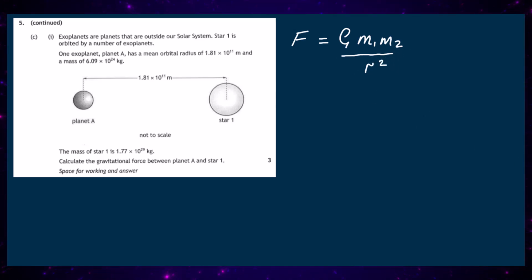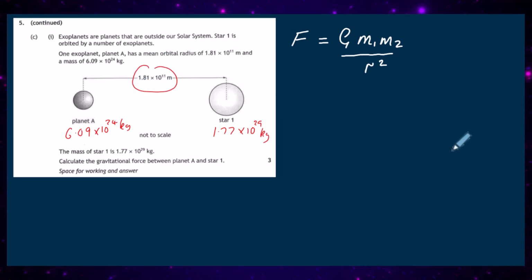Now we know from our diagram that planet A has a mass of 6.09 times 10 to the power 24 kilograms, and star 1 has a mass of 1.77 times 10 to the power 29 kilograms. And we know that the radius between the two centres is 1.81 times 10 to the power 11.